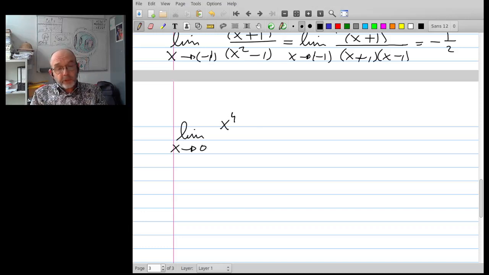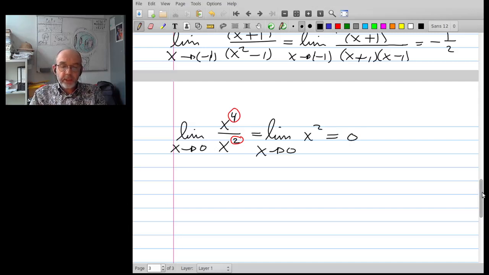For instance, x to the power 4 over x to the power 2, and then look to those powers. The power of the numerator is higher than the power of the denominator, and if we fill in, we get 0 divided by 0, but if we divide out, we get x squared, and we get 0 out of it. So this limit exists.